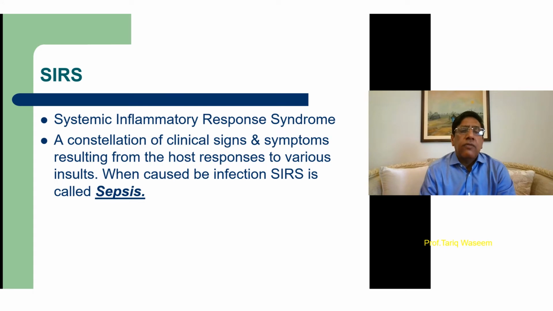It is then that we call this a systemic inflammatory response syndrome. It is actually a constellation of signs and symptoms which are the host response to insults. And when it happens in the setting of infection, then we may call it sepsis.